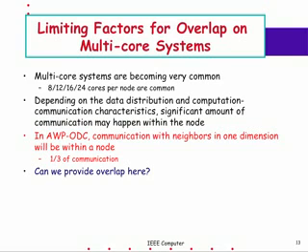Depending on the data distribution and communication characteristics, there could be a significant amount of communication happening within the node, that means not outside. In the AWP-ODC, communication with neighbors in one dimension will always be within a node. That is almost like 1/3 of the communication. So here again we ask the question, in addition to the overlap on the network side, can we also provide overlap here within the node?